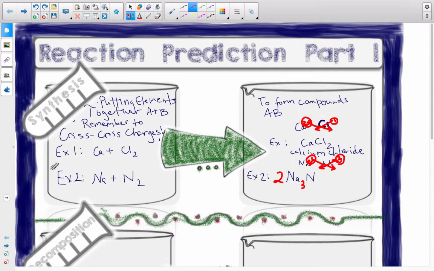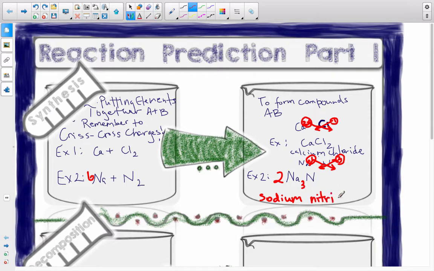So I come back to the other side, and I need a total of 6 sodiums to make this balance. Now everything's good. So a synthesis reaction is putting together elements. So when I make sodium nitride, I have to crisscross the charges so that I can get the correct formula before I balance the equation.